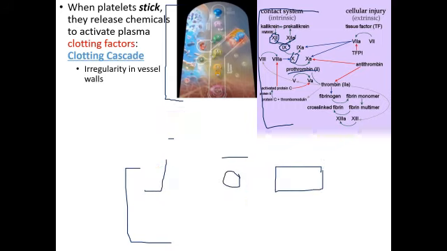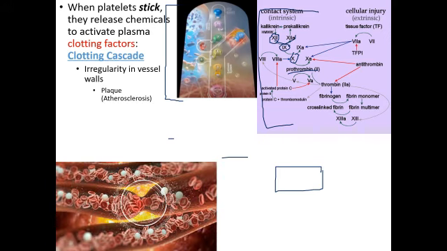Okay. And so what stimulates this? Well, essentially any irregularity in a blood vessel wall. Okay, so when you cut your skin, of course, there is damaged tissue, and so platelets are going to start sticking together. What also might stimulate this clotting cascade is any kind of irregularity in the blood vessel wall, such as a plaque.